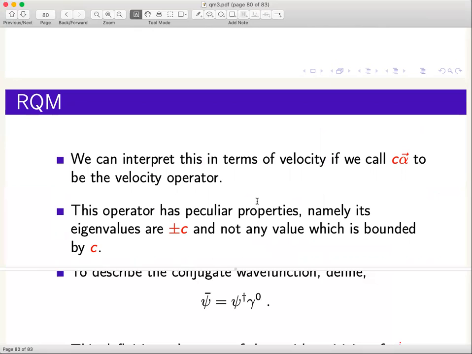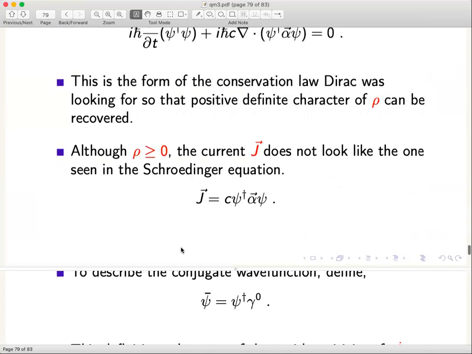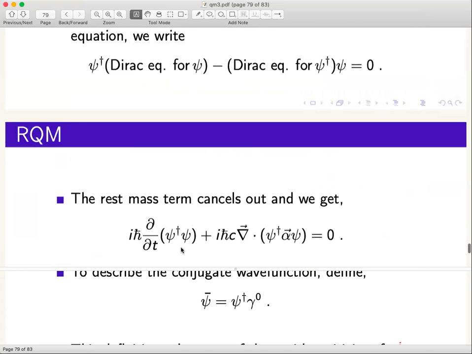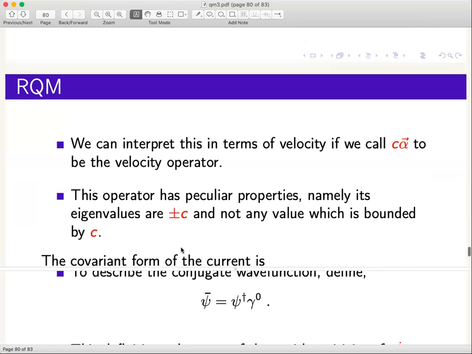But this velocity operator has a peculiar property. Remember, alpha has eigenvalues plus or minus 1. So if you ask what the eigenvalues of the velocity operator are, the answers are plus or minus c. Now remember, we are studying the massive Dirac equation, right? We have a particle which has some mass m.